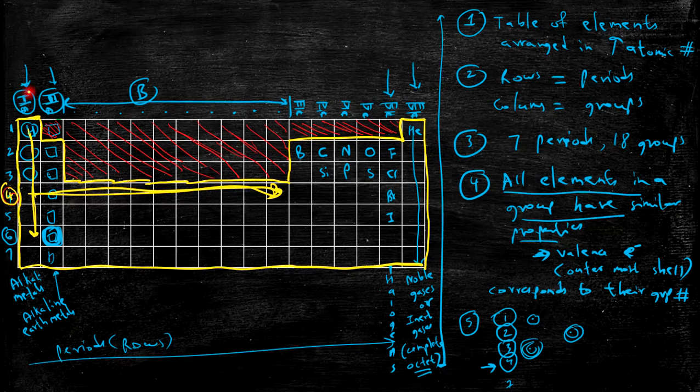So for example, in group 1A, you have only one electron in the valence shell, but that valence shell is increasing. So there will be one electron in the first shell, one electron in the second shell, third shell. So as you go down in a group, as you are adding more shells, of course the size of the atom will increase. So these are the two important points that you need to understand.